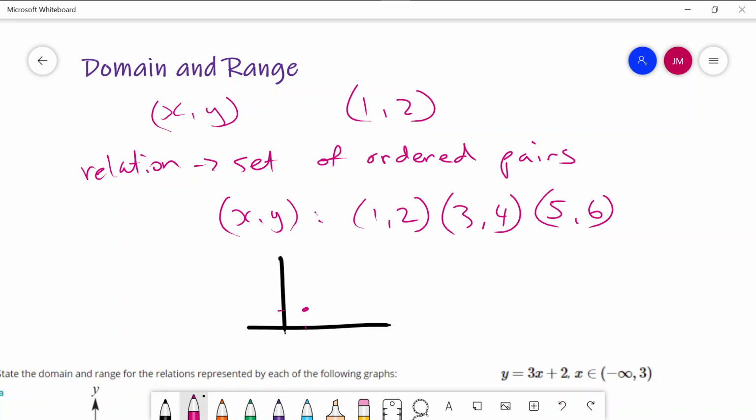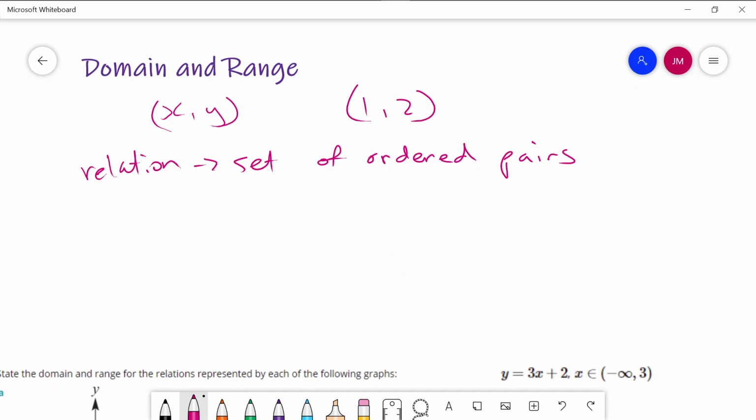So (1, 2), (3, 4), (5, 6). They're separate ones, whereas we could do a linear equation and then would have a connected line, whereas in a set of ordered pairs, just discrete separate dots. So, keeping that language in mind, a set of ordered pairs, if you just think of the values as the x value and the y value that belongs with it, or as a coordinate, you'll be fine.